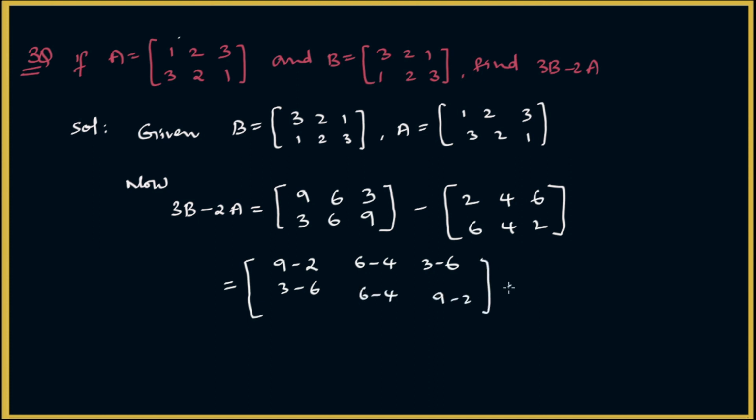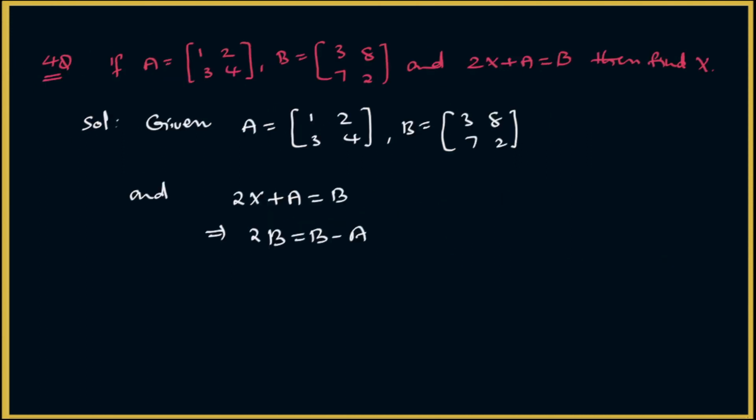So 9 minus 2 is 7, 6 minus 4 is 2, 3 minus 6 is minus 3, 3 minus 6 is minus 3, 6 minus 4 is 2, and 9 minus 2 is 7. So this is our required 3B minus 2A.